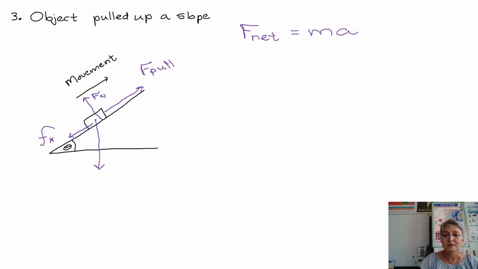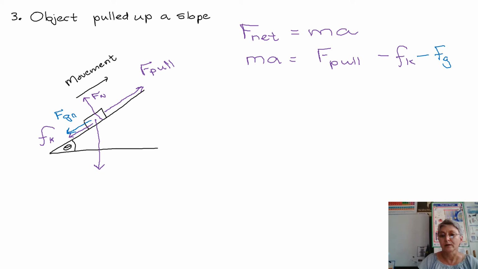Fact is that the net force now, the ma, equals the F pull minus the Fk, and the parallel component of the weight is also there, Fg parallel. So it's minus Fg parallel.